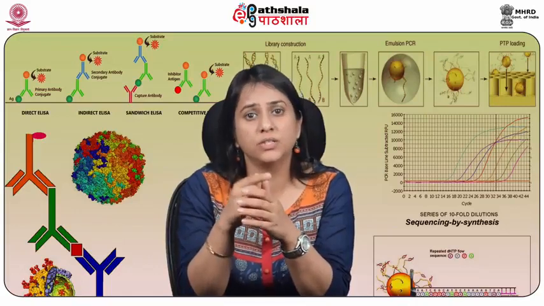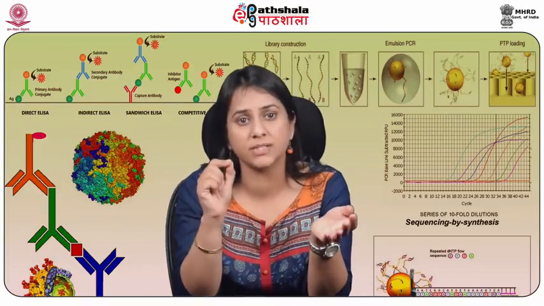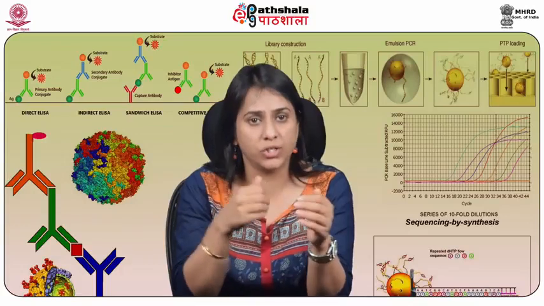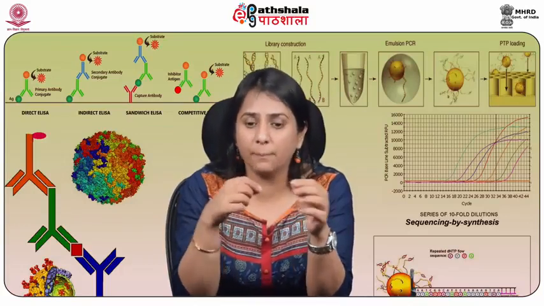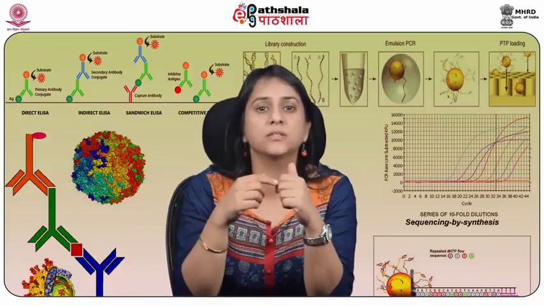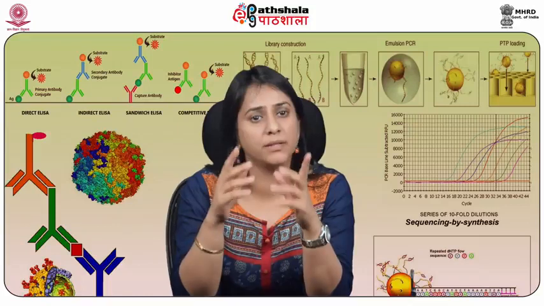This technique uses restriction enzymes to digest the DNA at a particular site, and then the digested products are run on the gel. However, the bands which have small or minor differences in the sequences in the base pairs cannot be differentiated by this method.